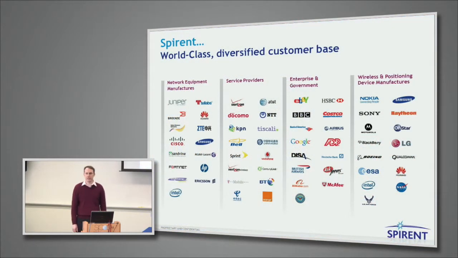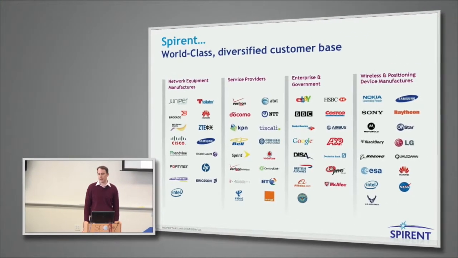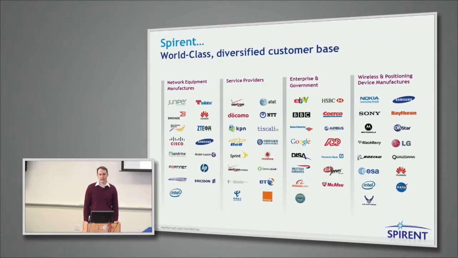Here is an example of just a few of those customers that we sell to. The network equipment manufacturers have traditionally been our largest constituency: folks like Cisco, Juniper, Huawei, ZTE, Samsung. We also sell to large carriers like AT&T, Verizon, Deutsche Telekom, NTT, China Mobile, and even some large enterprises as well, like eBay, Costco, HSBC.